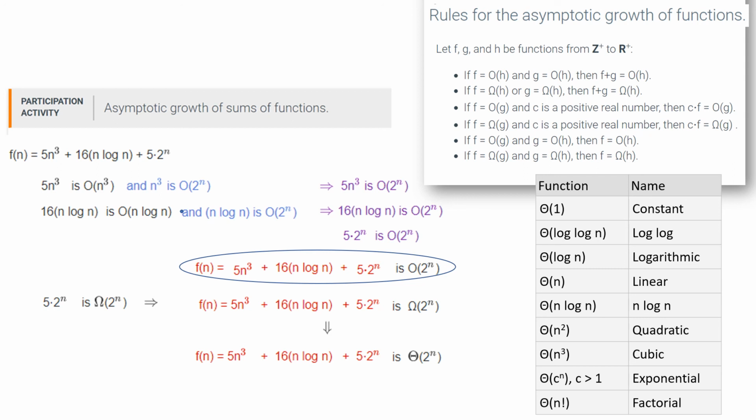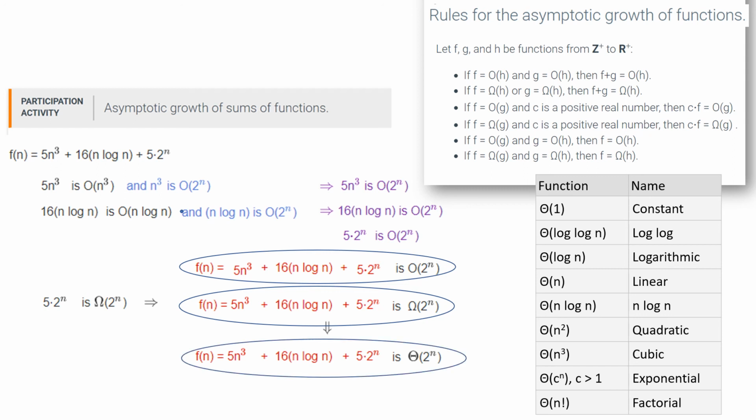But they show that f is O of 2 to the n. And then they show that f is omega 2 to the n. And once they're able to show that, they can show that the whole function is theta 2 to the n. So that's what they're doing in that participation.